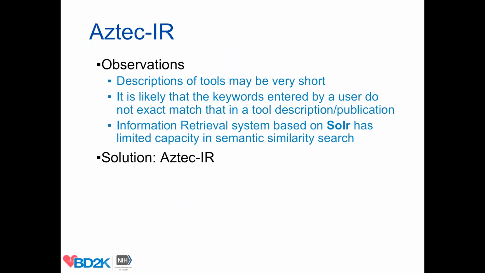Okay, here comes our search engine, Aztec IR. And why do we want to do this? Basically, we are doing the keyword search on the description of tools. However, sometimes the descriptions of the documents can be very short, and it is quite likely that the keywords entered by the user are not inside the document. So the retrieval performance will decrease.